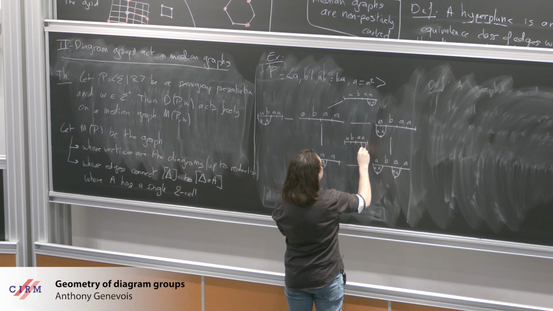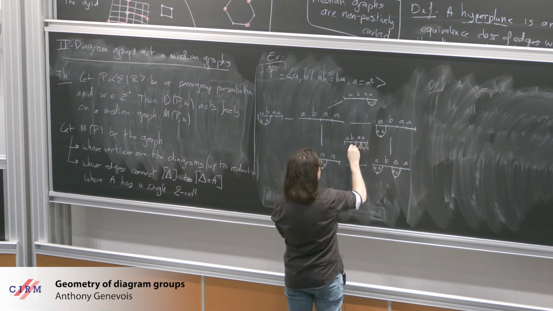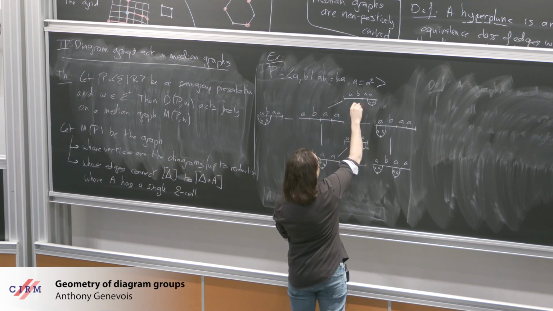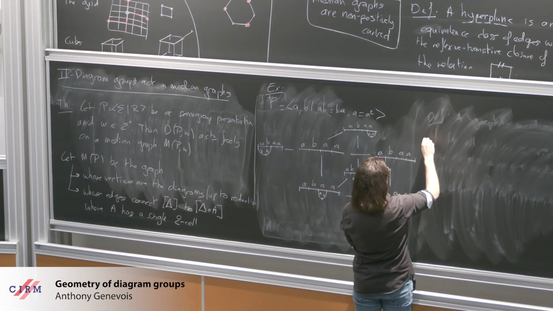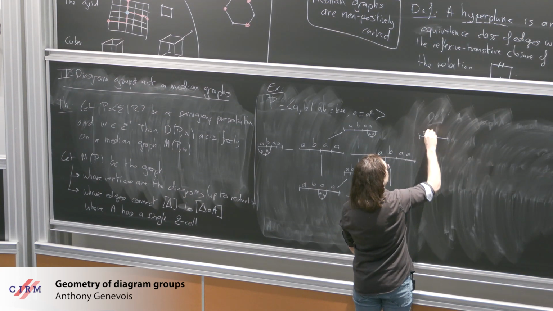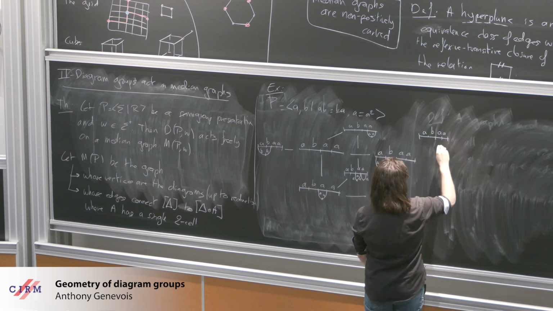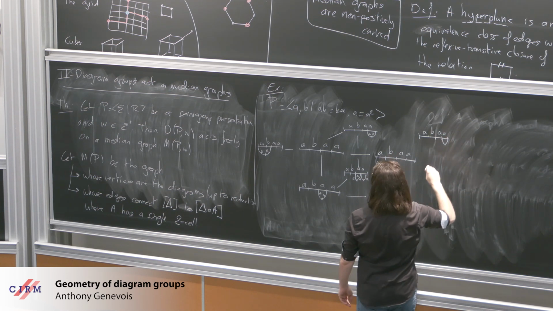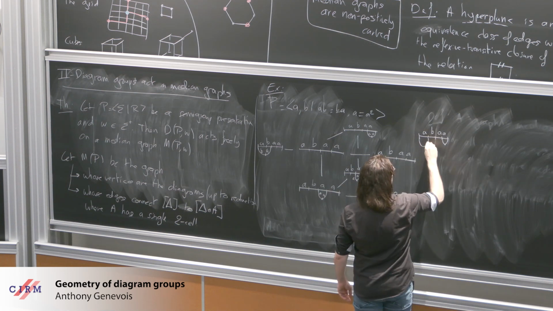So a 3-cube. So A, B, A. I glue this one and this one. And there is another one here, A, B, A. And this one, you have something here, something here.